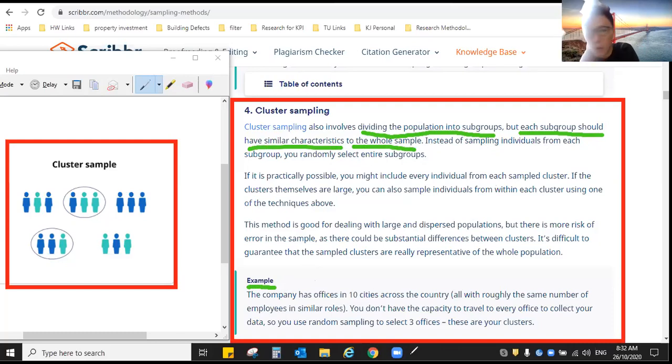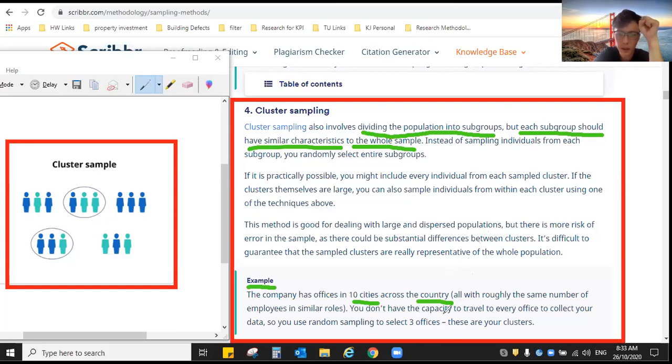So the company has offices in 10 cities. Your company has 10 offices in 10 cities across the country. In KL, you have Selangor, Pahang, Johor, Penang. So in all the 10 cities, you randomly choose.